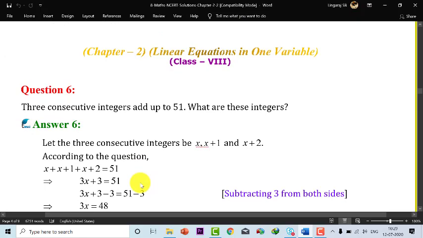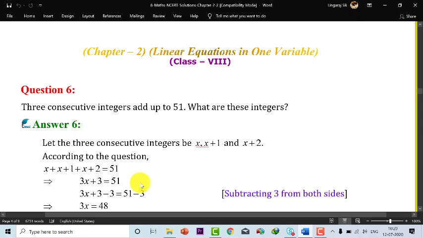So question number 6. 3 consecutive integers add up to 51. What are these integers? So solution. Let the 3 consecutive integers be x, x plus 1 and x plus 2.